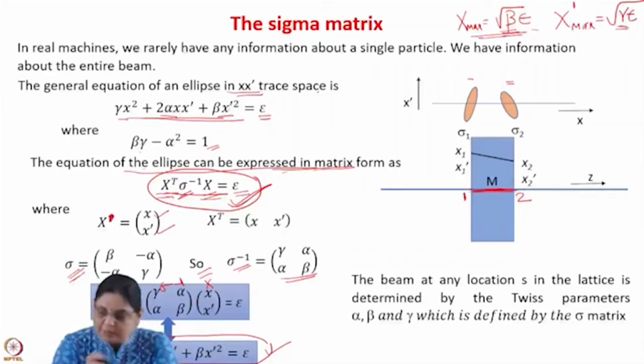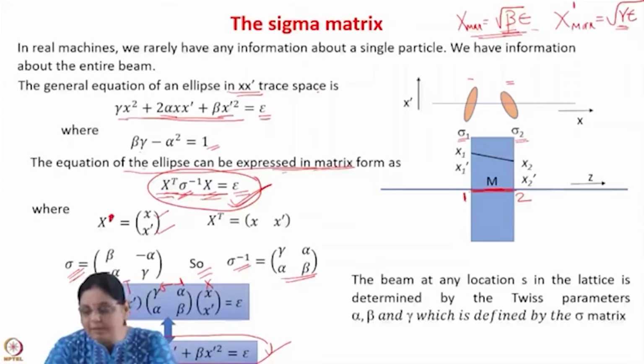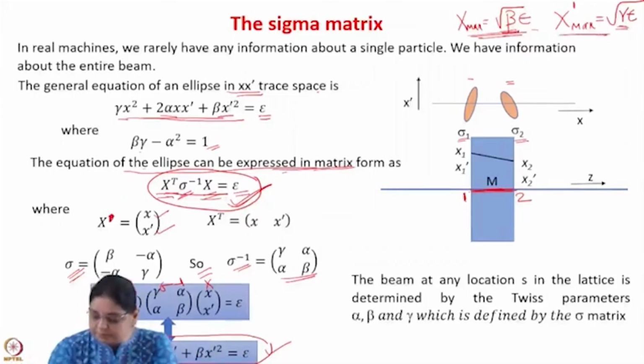That means it is telling you about the ellipse of the beam at that location, what is the shape and orientation of the ellipse. Let's say at location 1, the beam is described by the sigma matrix sigma 1, and at location 2 it is described by sigma 2. This sigma matrix contains the entire information about the beam at these two locations. It will tell you the maximum beam size and the maximum divergence of the beam at that location.